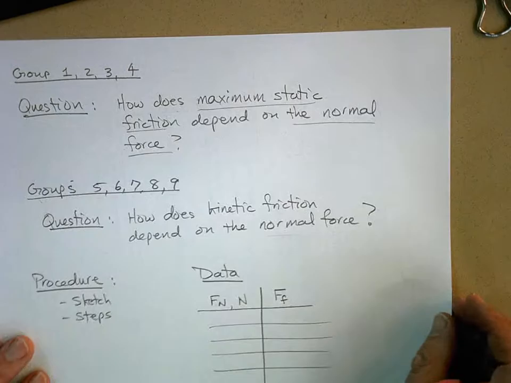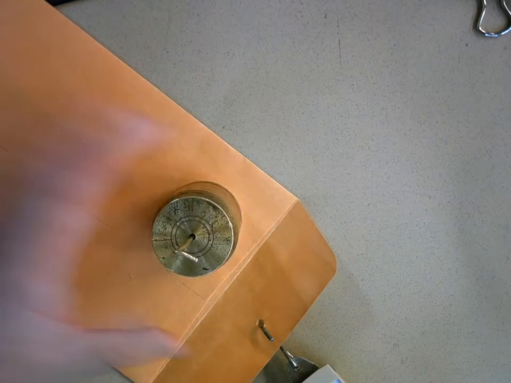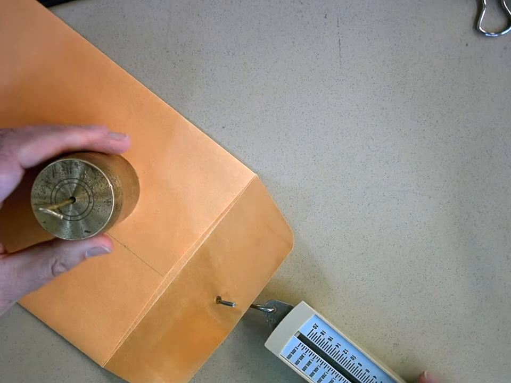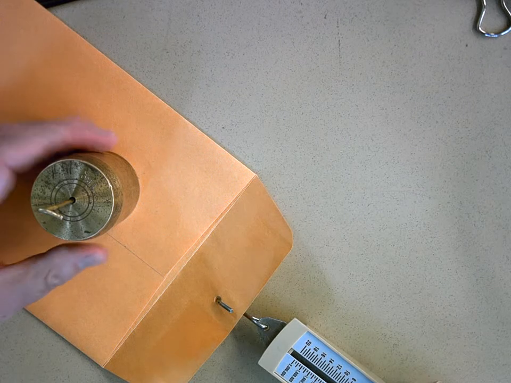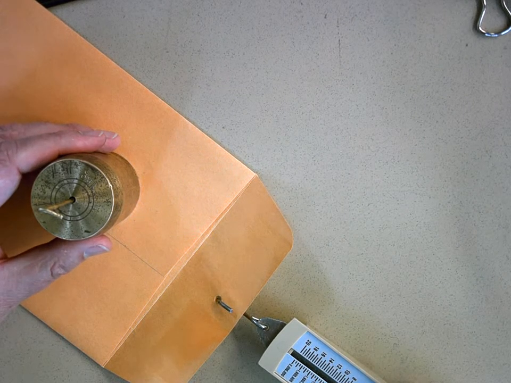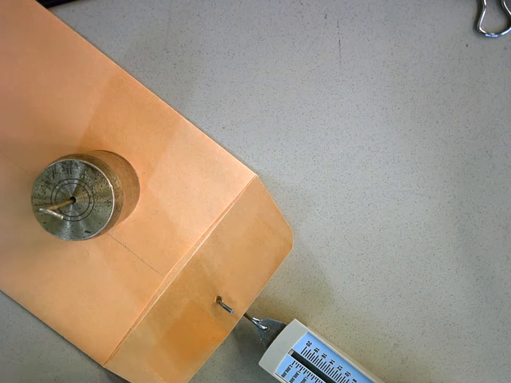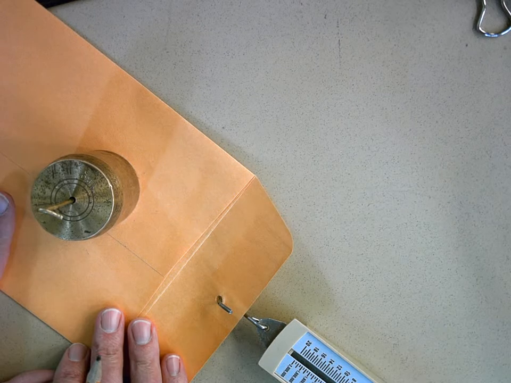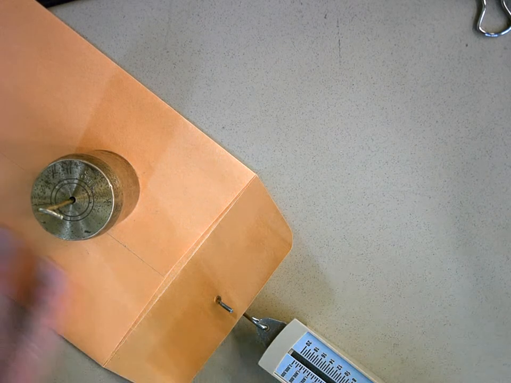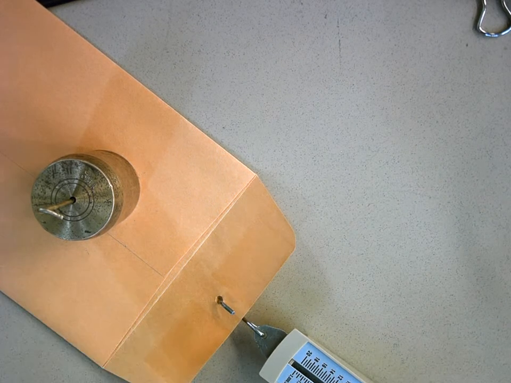Now, how are you going to do this lab? I'm going to give you an envelope and a spring scale, just like this. The envelopes I'm giving you are bigger than this one. I just got this small one because it fit under the document camera, sort of. What you're going to do is put different masses on this paper. Start with lower mass, and then increase the mass.